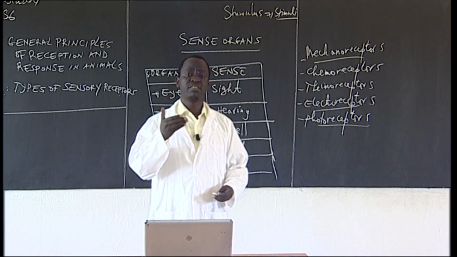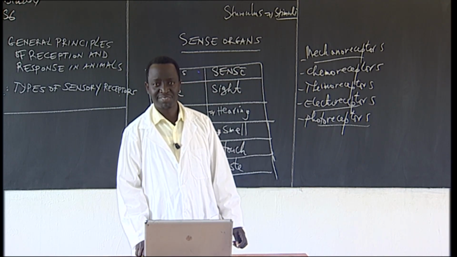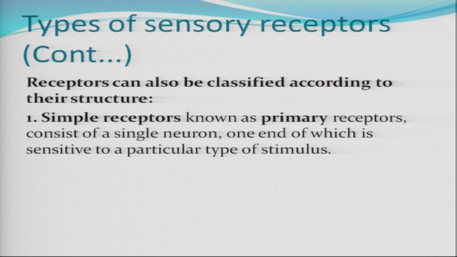Now, we can also classify the receptor cells according to their structure. Are you getting this? So we have the simple receptors. Those simple receptors are also known as what? Primary receptors. These consist of a single neuron. Neuron is what? Those are nerve cells that carry the message, that carry impulses. We shall see this. So when there is this single neuron in the receptor, that receptor is called a simple receptor or primary receptor.